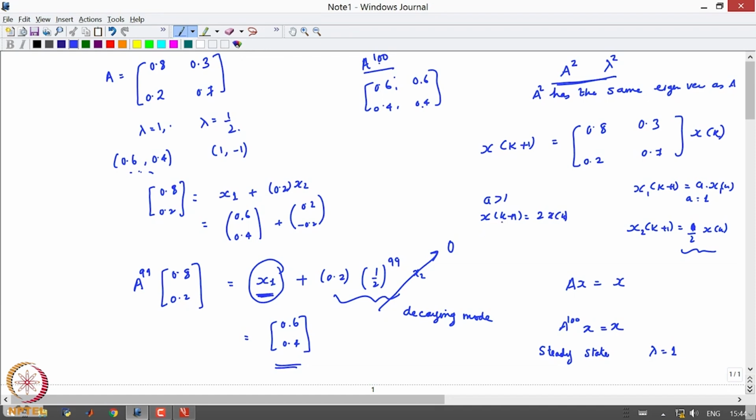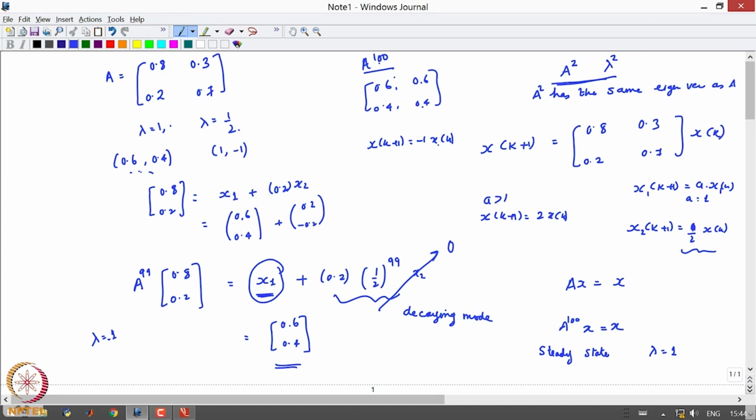Similarly, if my eigenvalue lambda is minus 1 instead of plus 1, then xk plus 1 is minus xk, and I will just be switching between plus 1 and minus 1 and there will actually be no steady state, right, and so on. So, if I were to look at this in terms of poles of the system, this would be called a marginally stable system in the discrete sense.